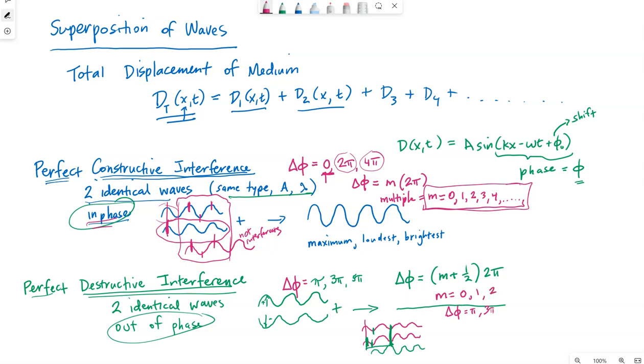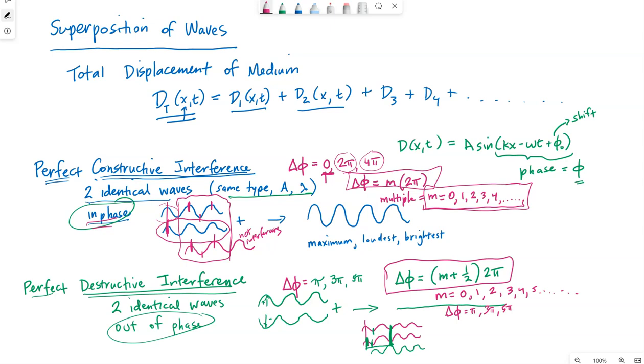If m is 2, 2.5, I get 5 pi, and so forth. So we write it this way such that we can use the same multiplying values, same multipliers, and then we don't have to remember a different m value for one situation compared to another situation.